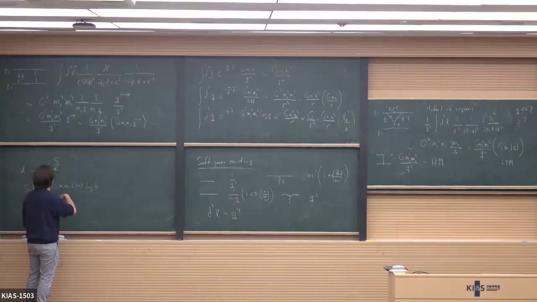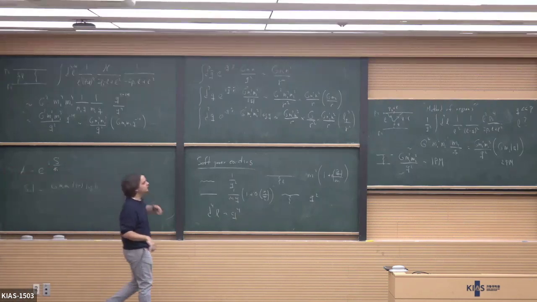Then there's going to be a correction, which is the 2D Fourier transform of 1 over q, which is what we computed here.